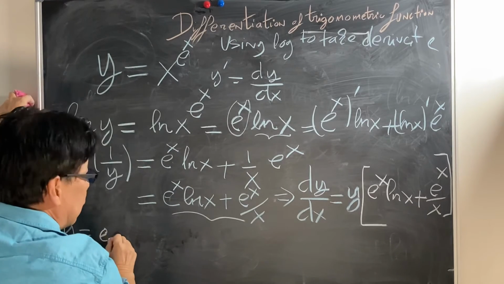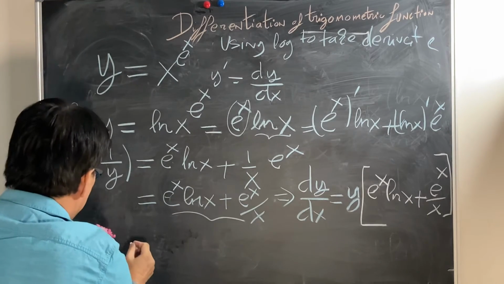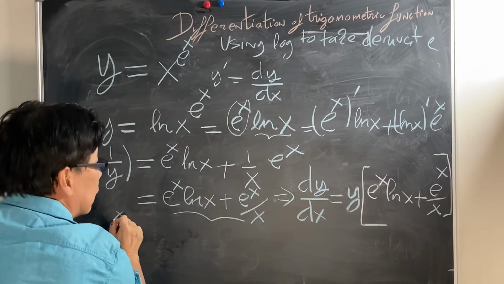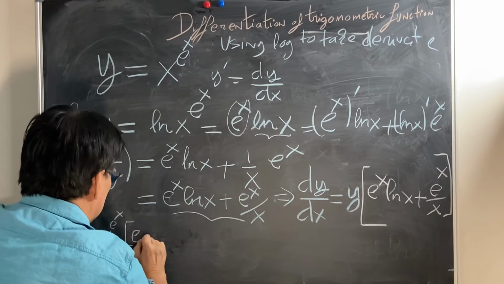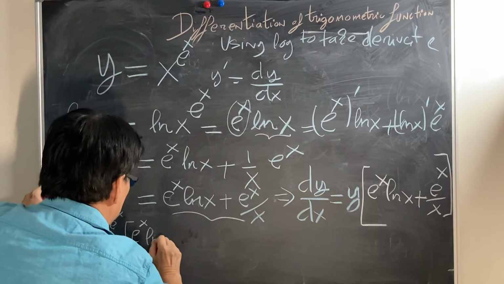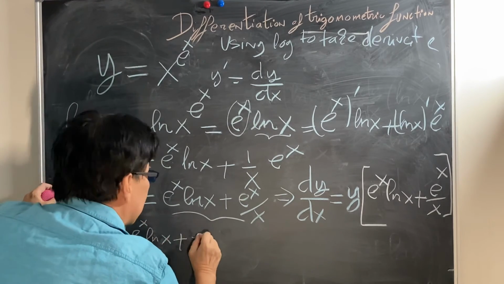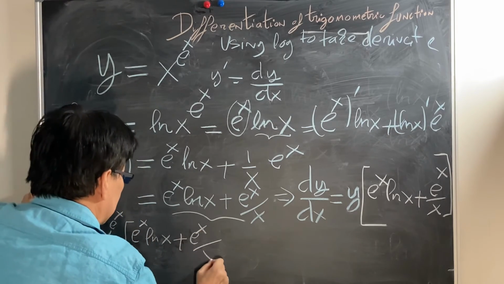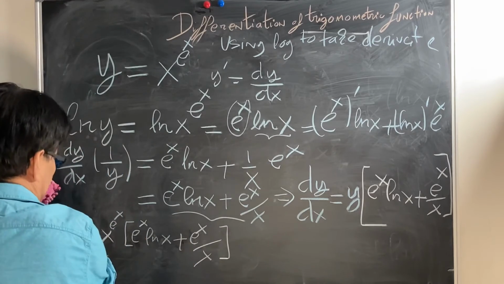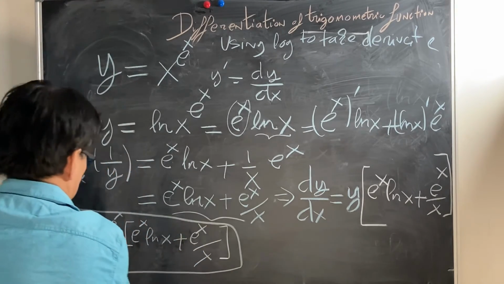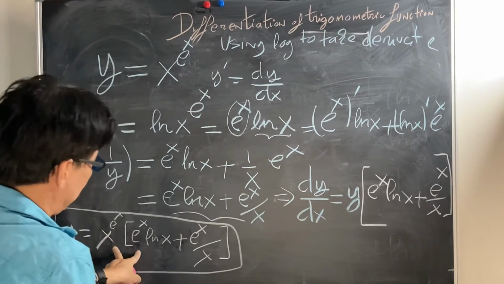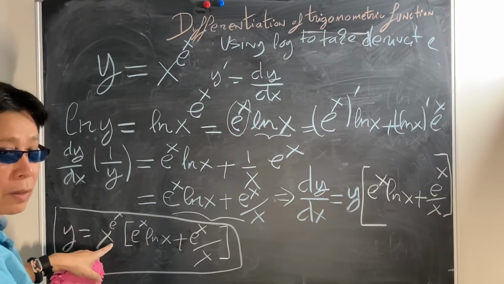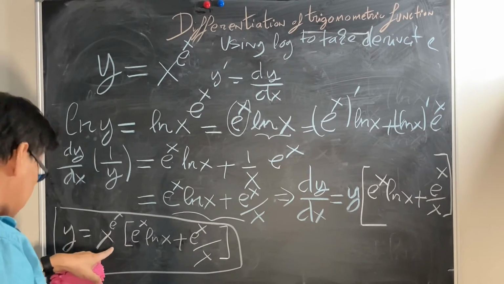Then dy/dx equals x to the e^x times (e^x ln x plus e^x over x). Okay, that's the final answer. You can multiply and simplify, but it's not necessary. We will accept the answer right here.